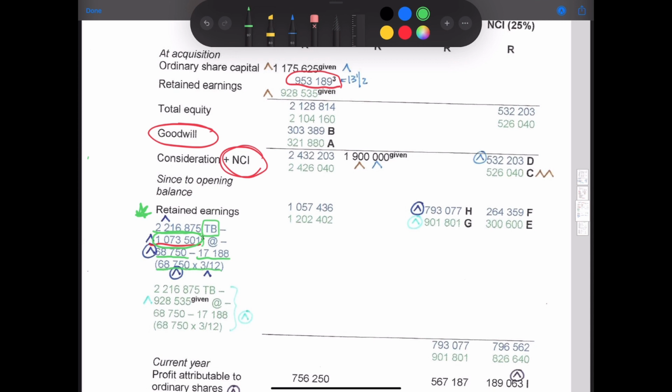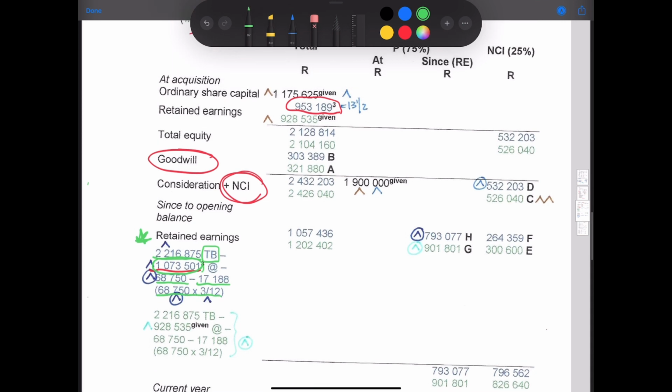If you use the amount of the 953,189, it is incorrect because then you are deducting the dividends in arrears twice. And also this 17,188 is the amount of the dividends for 3 months since acquisition date in your 2018 year of assessment.